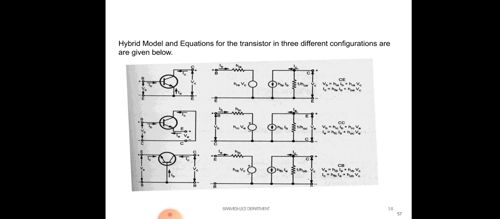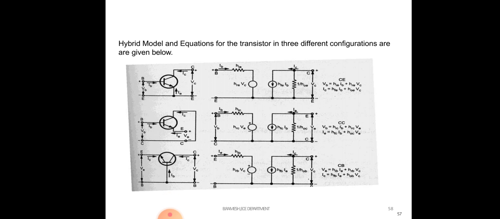For the CE configuration, VBE is the input voltage, equal to HIE IB plus HRE VCE, and output current IC is equal to HFE IB plus HOE VCE.